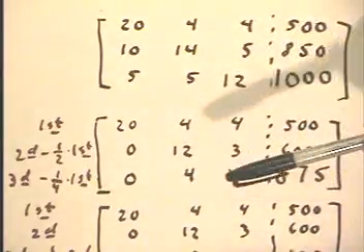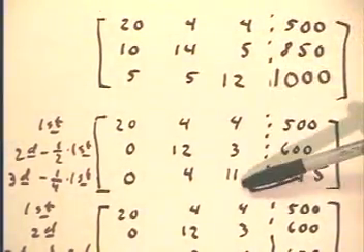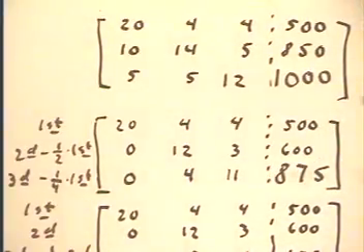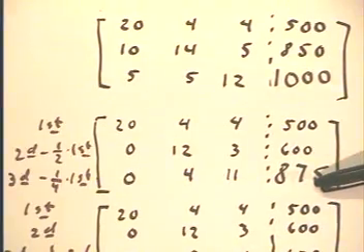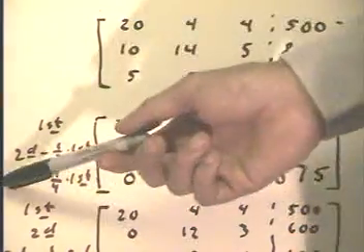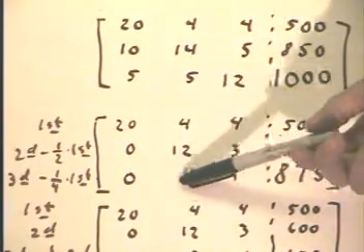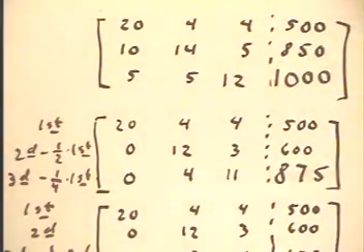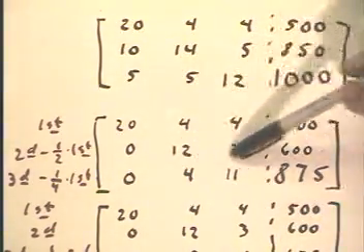Subtracted from 5 gives us 4. A fourth of 4 subtracted from 12 is 11. And a fourth of 500 is 125. Subtracted from 1,000 is 875. So following the rule, third row minus 1/4 times the first, in order to get the 0 here, we get the 4, 11, 875.